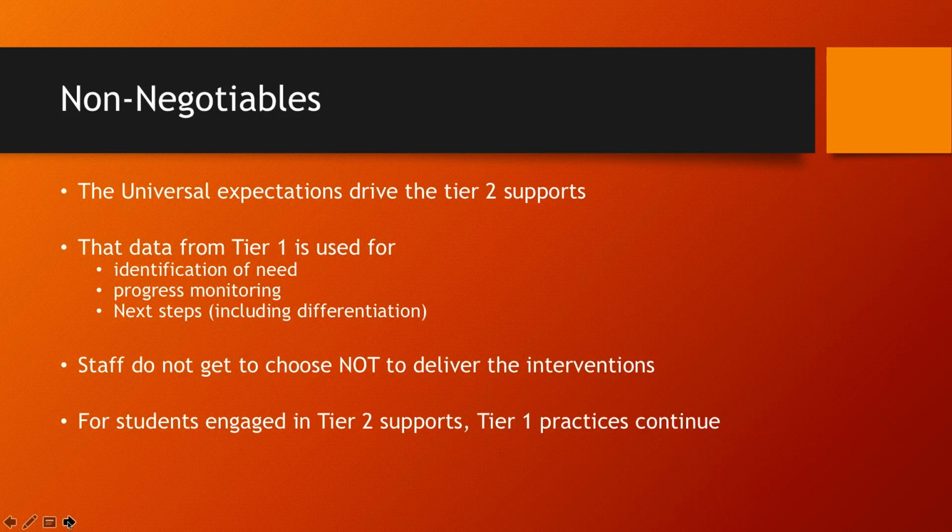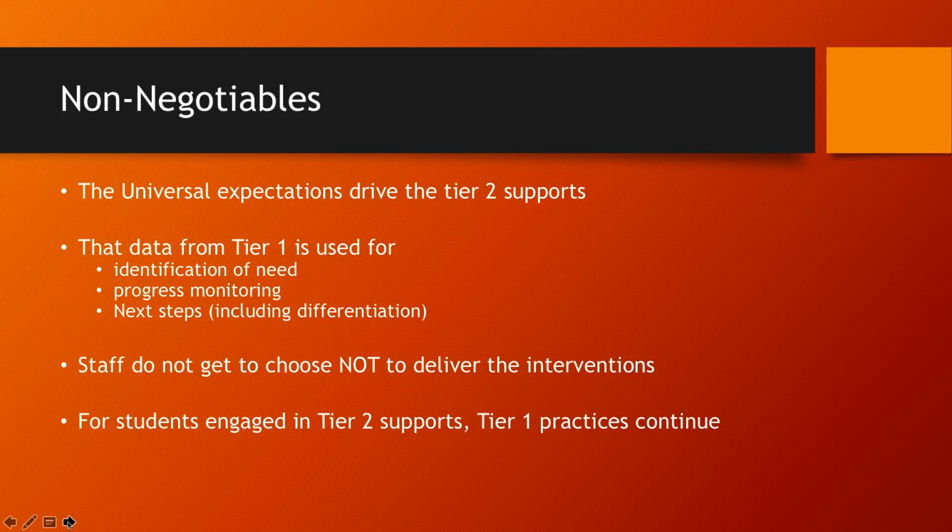If you think about this in terms of college and career readiness, our universal expectations, the matrix we use, the behaviors we're trying to teach to fluency in the settings are really the skills the student needs to be successful within our setting.